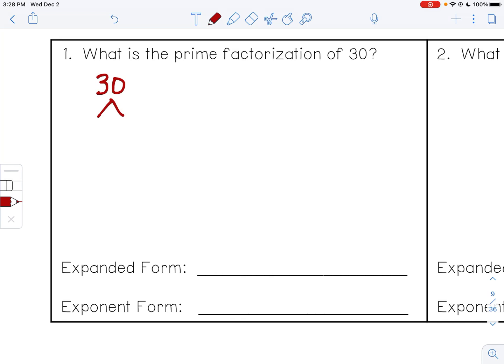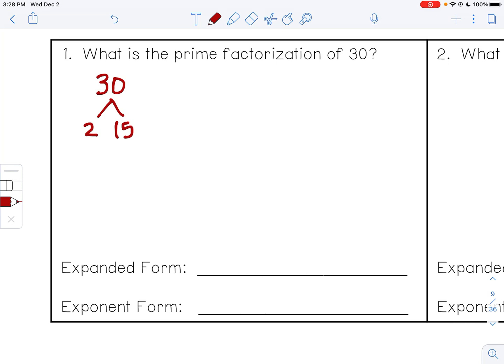Something that's easy for me, I see that 30 is even. And whenever I have an even number, I know without a doubt that 2 is a factor of an even number. So 2 is going to be one of my factors. And I can multiply 2 by 15 to get 30.